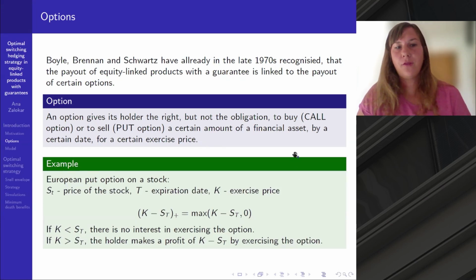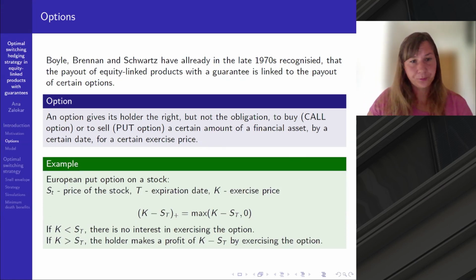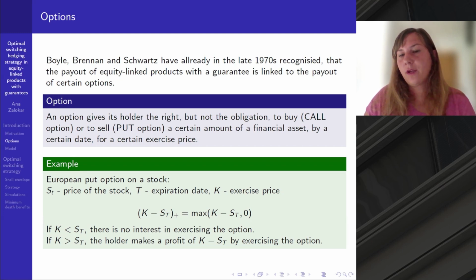Let's say if we would have a European put option, if K, which is the exercise price, is lower than ST, which is the price of the stock at the expiration date, there is no interest in exercising the option. But if K, the exercise price, is greater than the price of the stock at the expiration date, then the holder makes a profit of K minus ST by exercising the option.